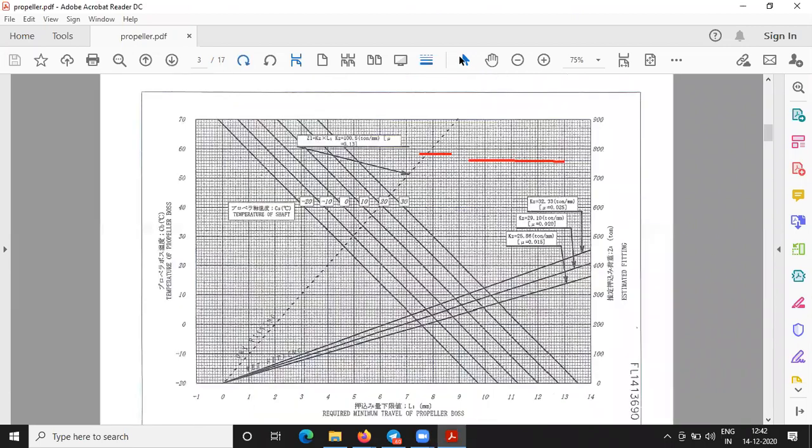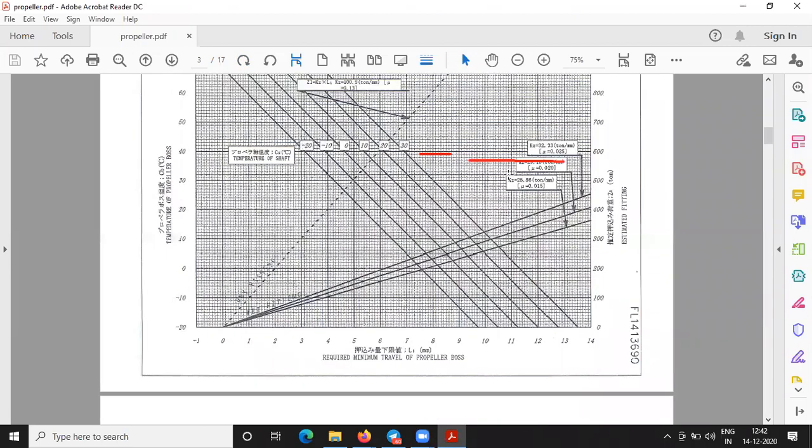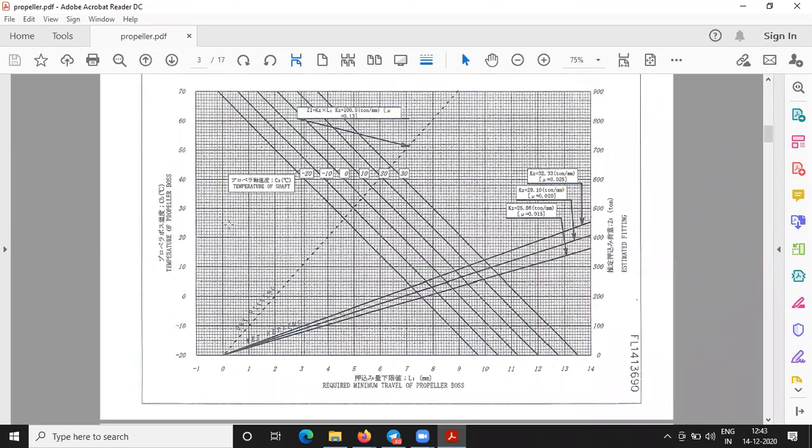So you now know how to calculate the push-up distance. Push-up distance, as we saw, is directly proportional to the minimum temperature of the boss and maximum temperature of the shaft. Why?